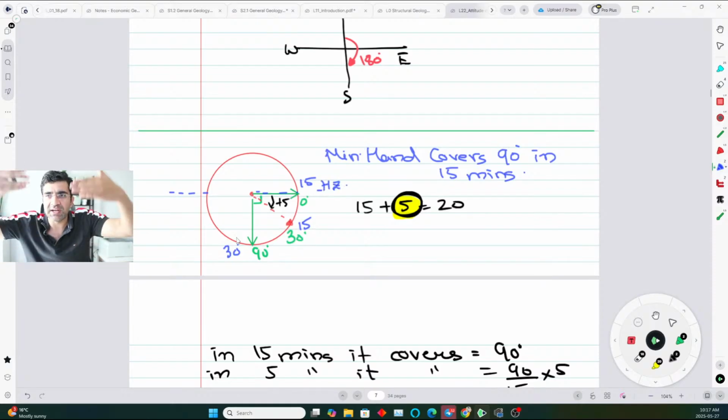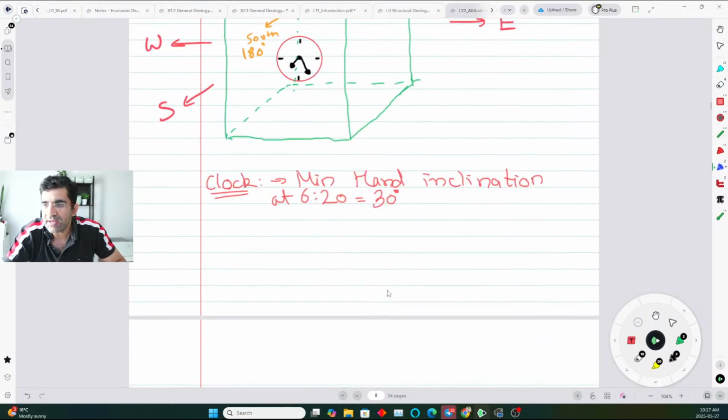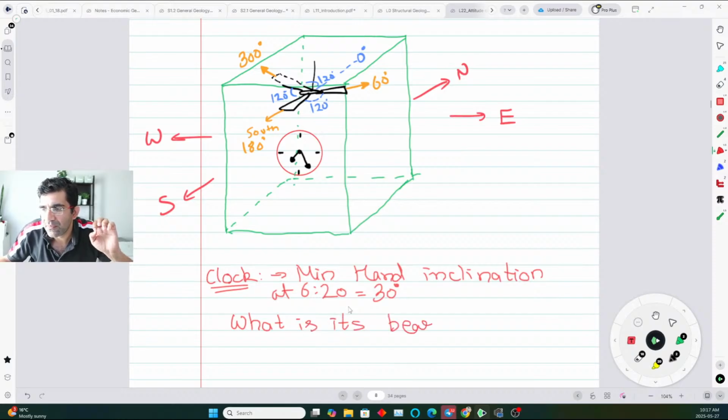A wall is vertical. So it is measured in the vertical plane but with respect to the horizontal. Do you understand these terms? So inclination is this. If I ask you this question now, what is its bearing?